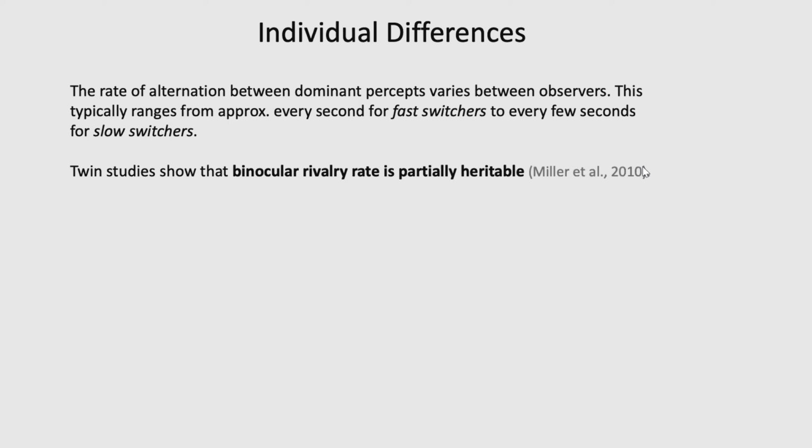And it turns out that the rate of alternation between those alternate dominant percepts does vary in a reasonably stable way across people. This typically ranges from every second or so for a fast switcher to every few seconds for a slow switcher. And it's nice that twin studies have even established that this is a partially heritable trait.